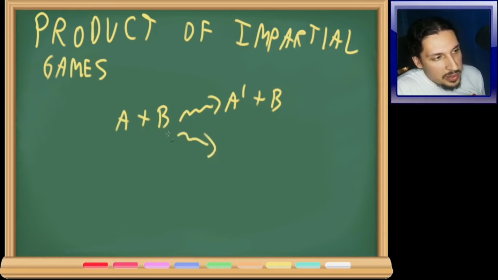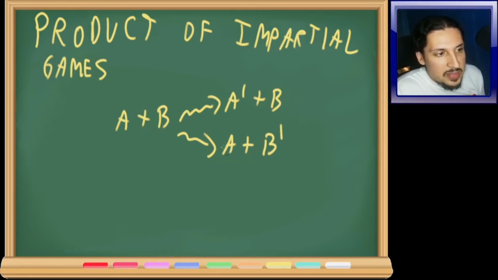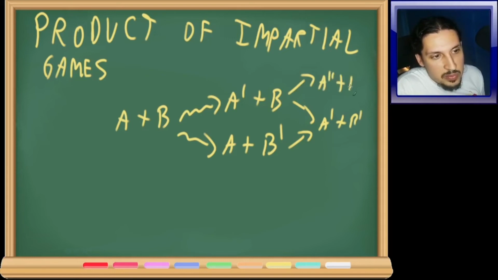And of course, I can also move at B. So the other kind of options is to choose an option of B and leave A alone, and the plus sign indicates that in this game they work as a whole, and you can choose one of these to make another move. So for example, from both of these you could move to A prime B prime, but you could also move here, like two moves in a row in A, etc. This would be the shape of how the plus operator works.